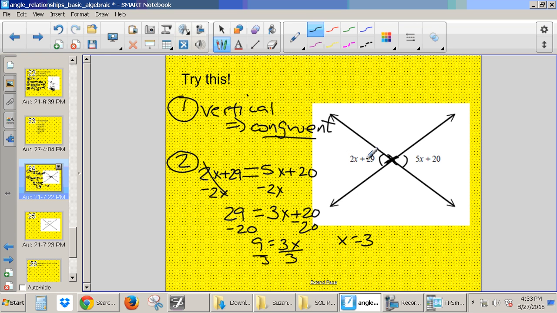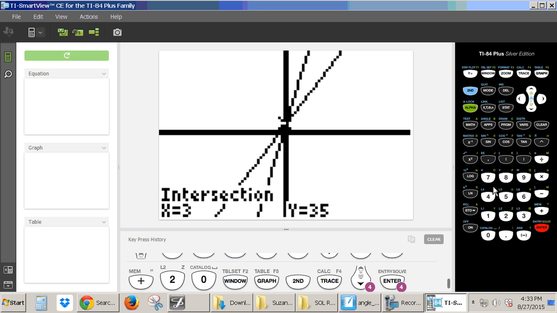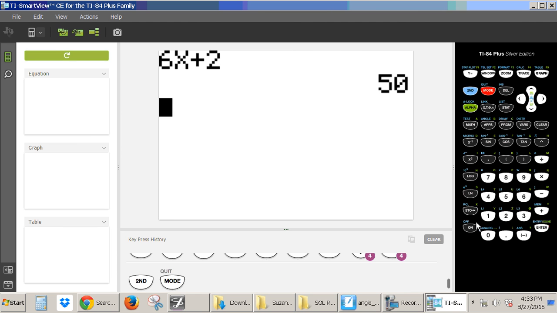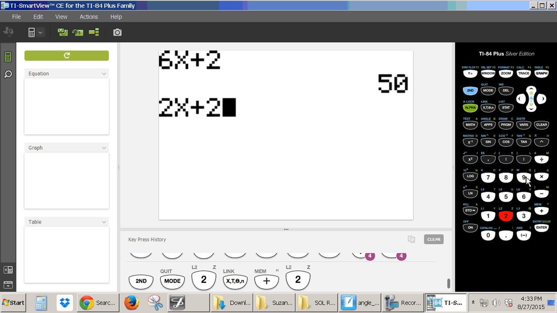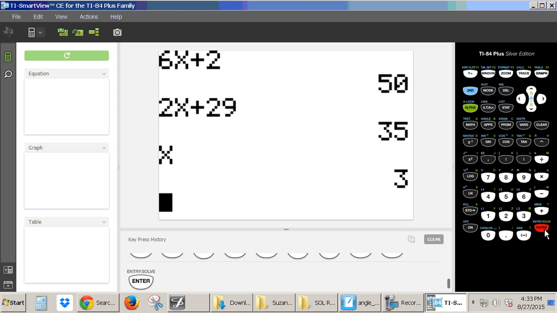And now I'm going to figure out what this angle on the left is by going to my calculator and typing 2x plus 29 on the home screen. Notice that I'm going to get a different value of x for this problem. Before it was something else. Now it is 3. If I just type x, it's going to give me 3 because that was stored for x when I calculated.